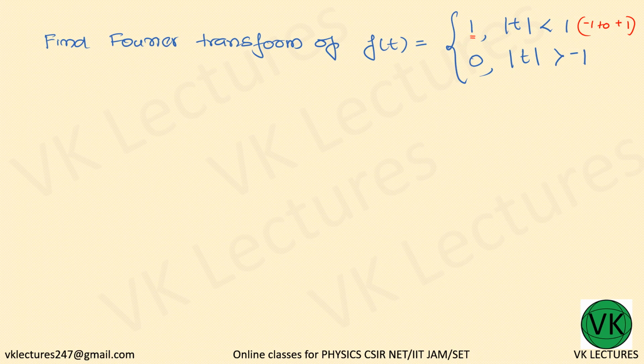So within these 2 points the value is 1 minus mod t. Now when it is greater, that means from minus infinity to minus 1 and 1 to infinity, the value is 0. So this is what is given here.